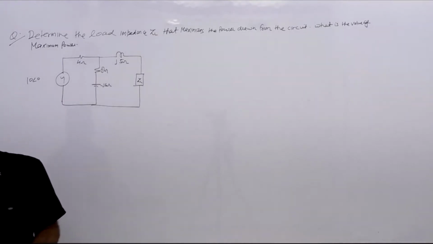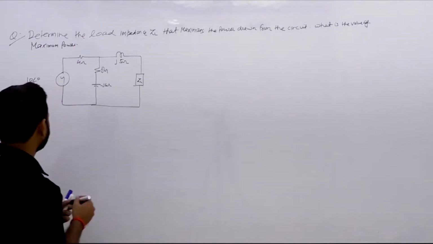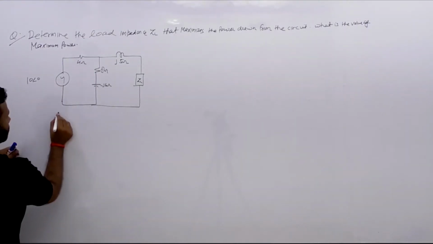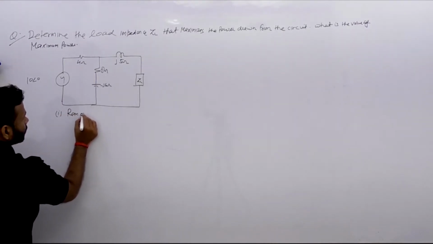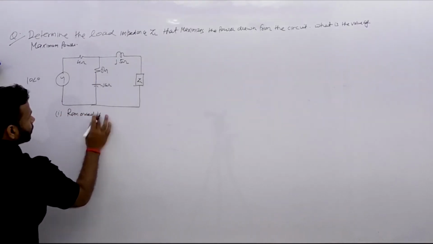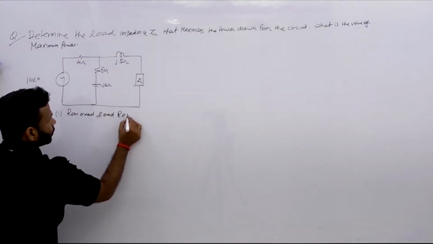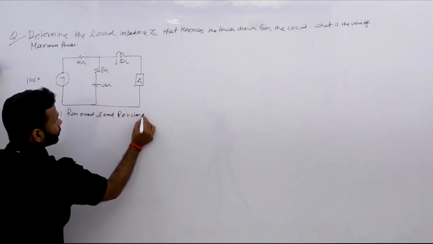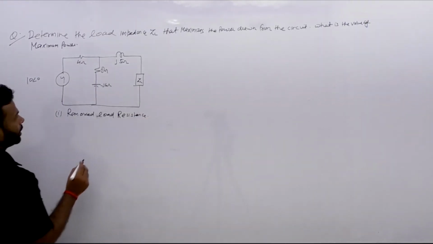So the first step of the maximum power theorem in AC: remove your load resistance. If you remove the load, we will have the diagram like that.